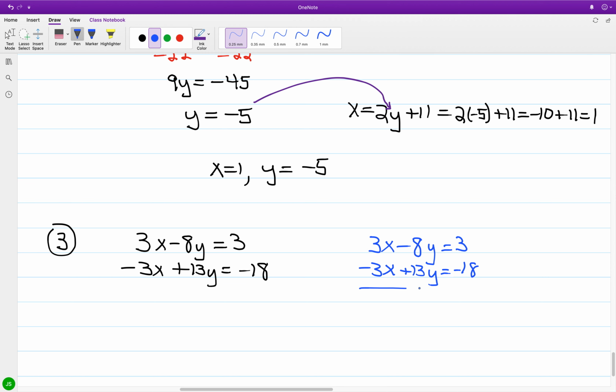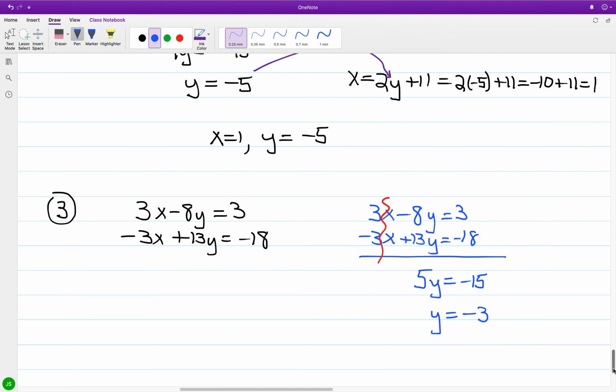If I add the equations together, 3x and negative 3x will go out. And we have negative 8y plus 13y, that will be 5y. 3 and negative 18 will become negative 15. And with 5y equal to negative 15, we have y is equal to negative 3.